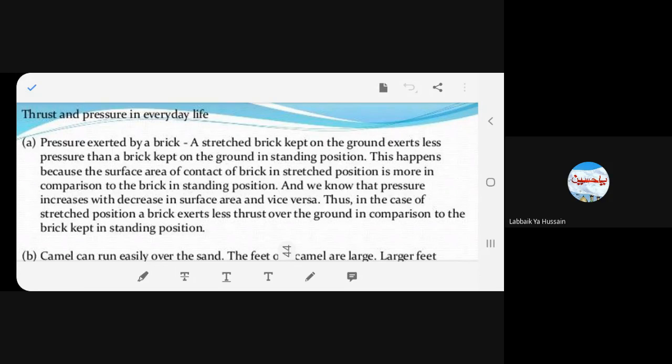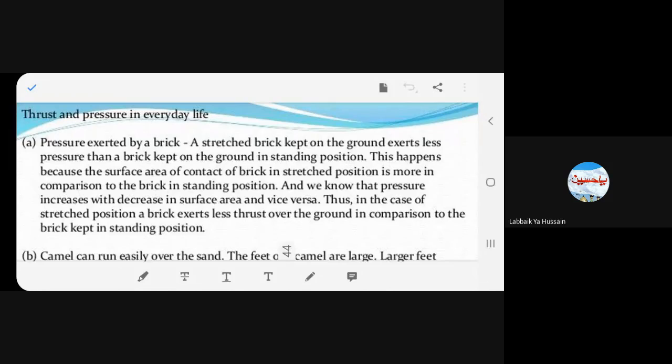Thrust and pressure in everyday life. Pressure exerted by a brick. A brick kept on the ground in a stretched position exerts less pressure than a brick kept on the ground in standing position. This happens because the surface area of contact of the brick in stretched position is more in comparison to the brick in standing position.